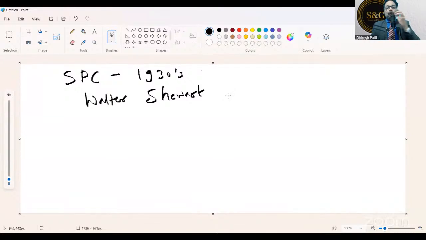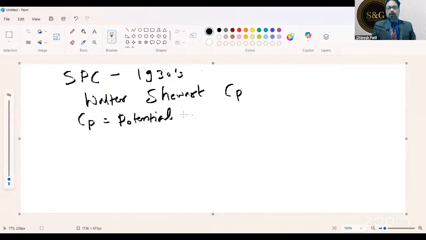Now, at that point in time, whether my process is capable of delivering the exact product or service as per the customer requirement used to be determined with the help of the formula of Cp. Now, what is Cp? Cp stands for process capability, or we can say potential process capability.